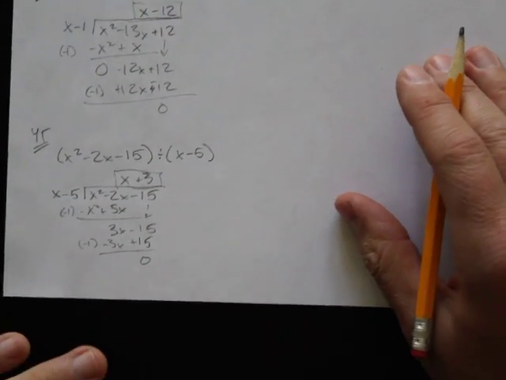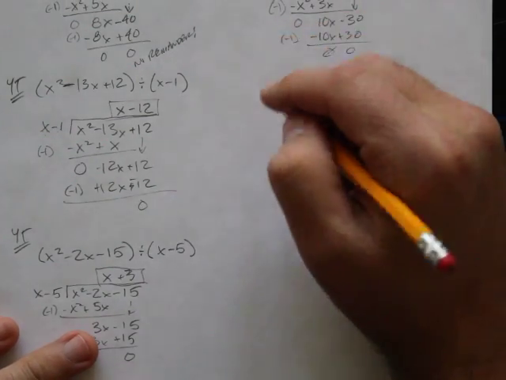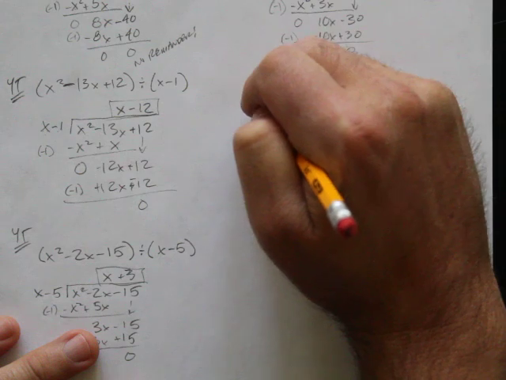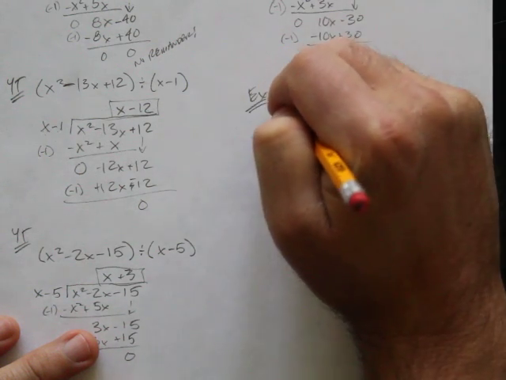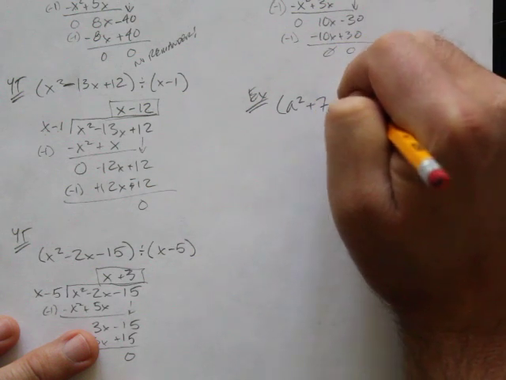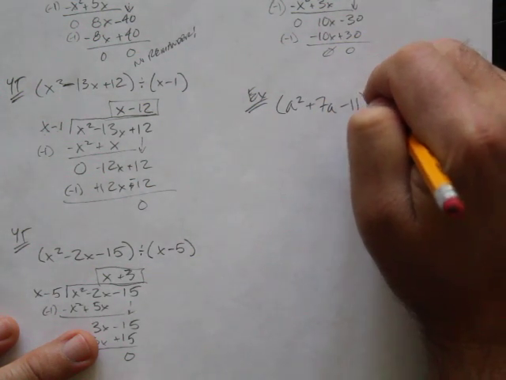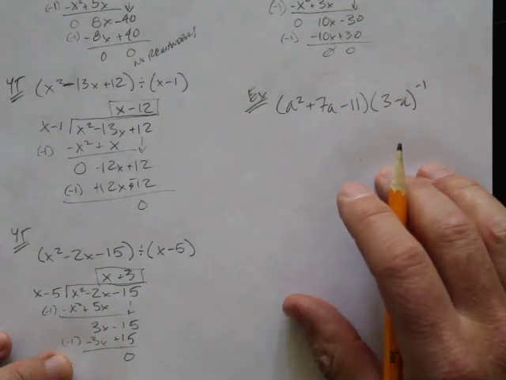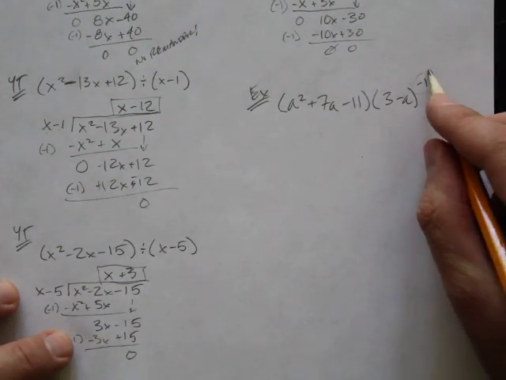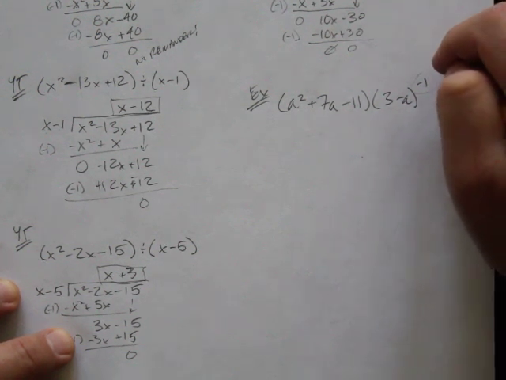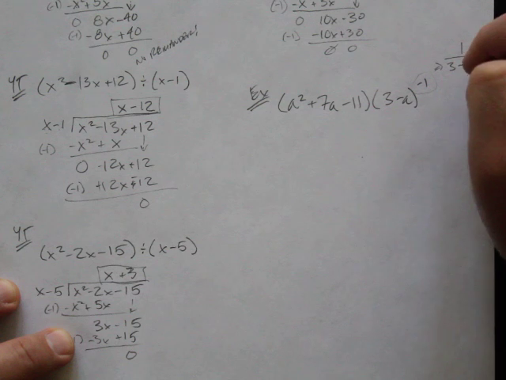Now let's do one together with a remainder. Example: a squared plus 7a minus 11 times 3 minus a to the negative 1 power. So remember what the negative 1 power means. That just means that this is 1 over 3 minus a.